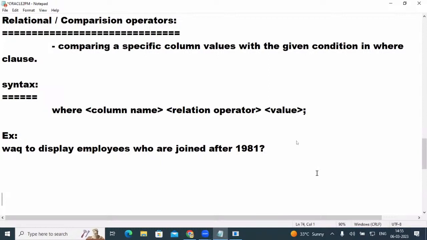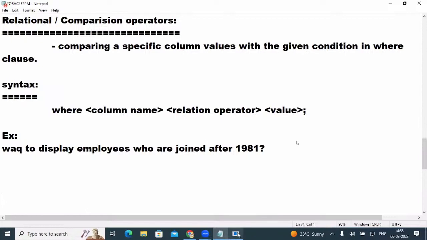So now tell me guys, how can we write who joined after 1981? Any guesses guys? How to write the logic? After means greater than or less than? Greater than? Sure. Okay, so greater than 1981.